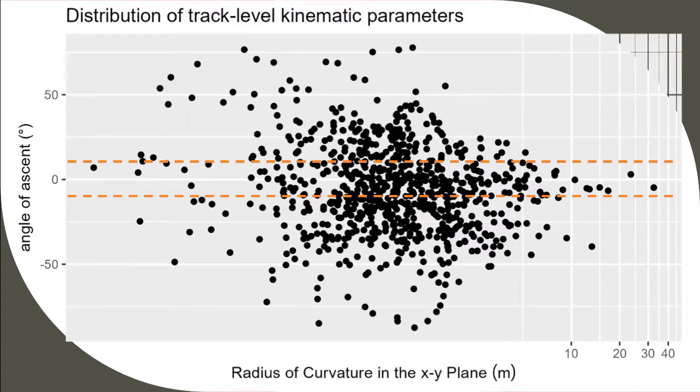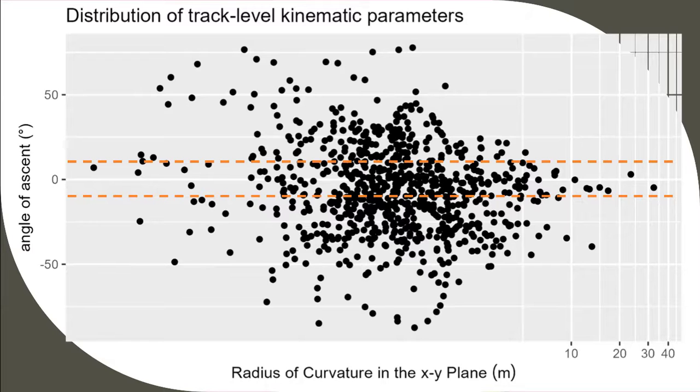About the only way to avoid that would be to draw this line all the way down here to like negative 50 degrees. But it feels to me like if a bat is flying downward at 30 degrees below horizontal, that should be a descent, right? That shouldn't be level flight. So it was nigh impossible to draw these lines such that they didn't separate a bunch of very similar points, and they still felt physically sensible.